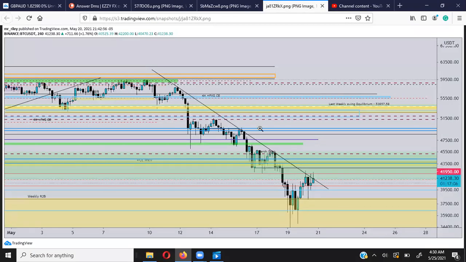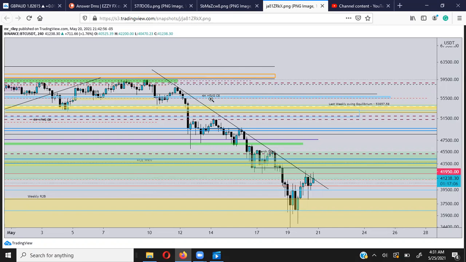What's next? Oof, this is a lot of stuff in here. Weekly RGB. Okay? This is your own strategy. Last weekly swing equilibrium. 4 hours.